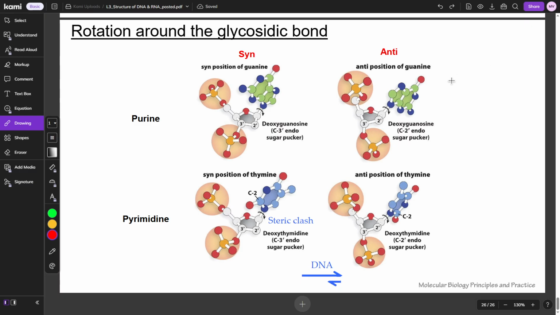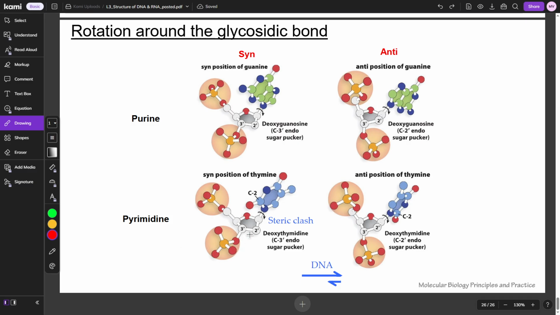Generally speaking, it doesn't matter if this is facing this way or this way, anti or syn. The interaction is essentially the same. It just depends on the type of DNA, if I'm not mistaken, whether it's syn or anti for purines.